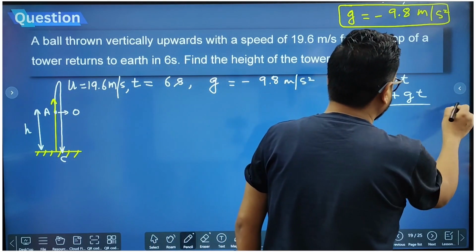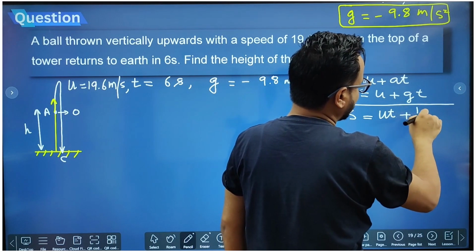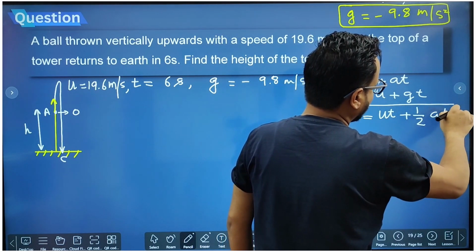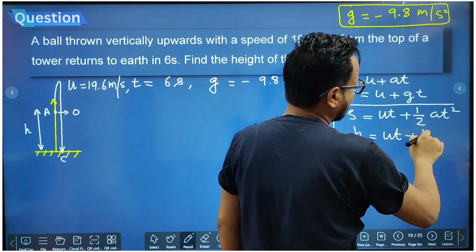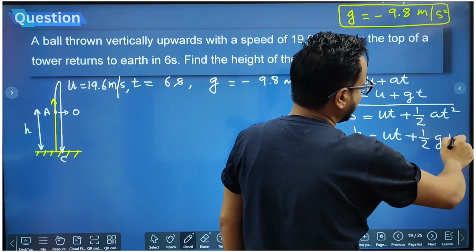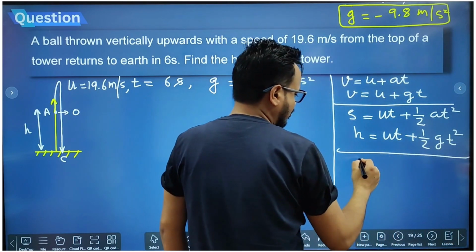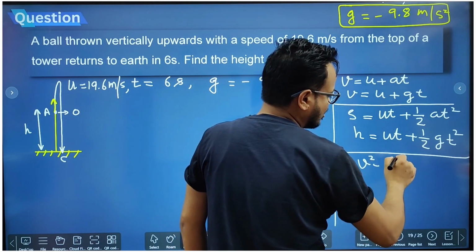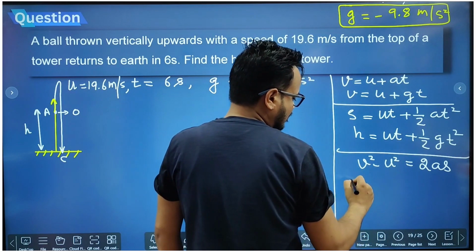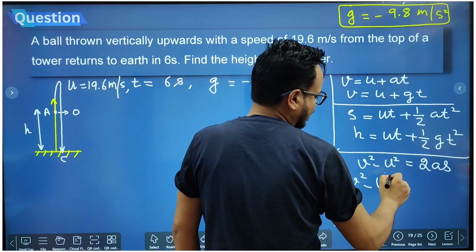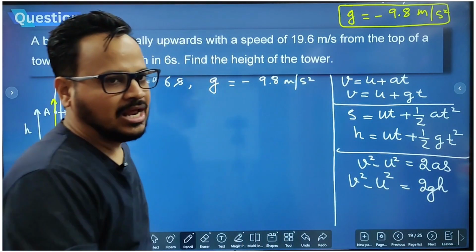So the second equation, which is s equal to ut plus half at square, becomes h equal to ut plus half gt square, and the third equation, which was v square minus u square equal to 2as, becomes v square minus u square equal to 2gh for vertical motion.